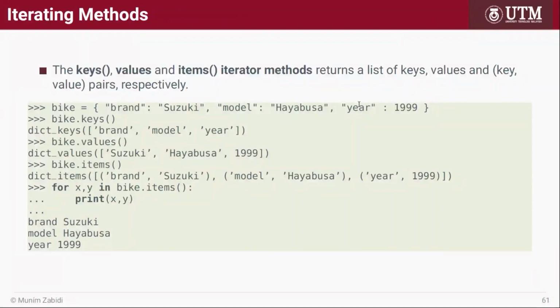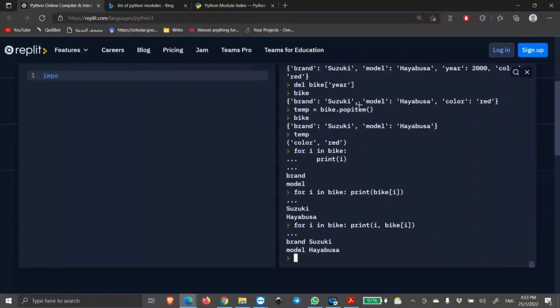Okay, and then we have, let me check. Okay, yeah, only one was light. So we have special methods for dictionaries. You can list out the keys, you can list out the values, you can list out the items. So for dictionaries, there are some special methods available.